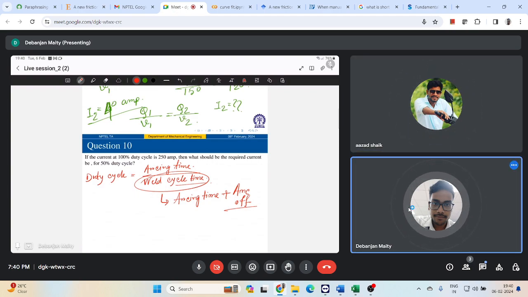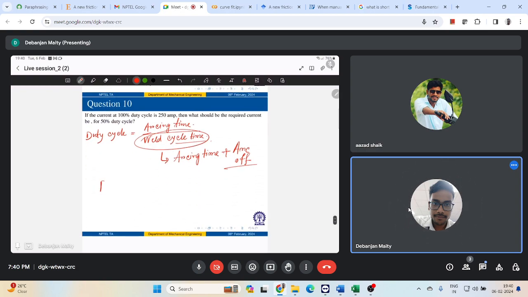Now, the welding current which can be drawn at a duty cycle can be evaluated from this equation: D_R into I_R square equals the duty cycle at 100% into I square.